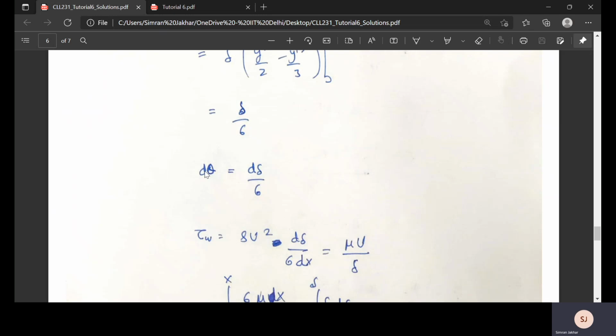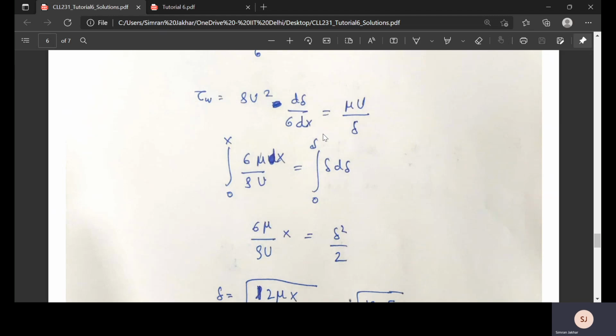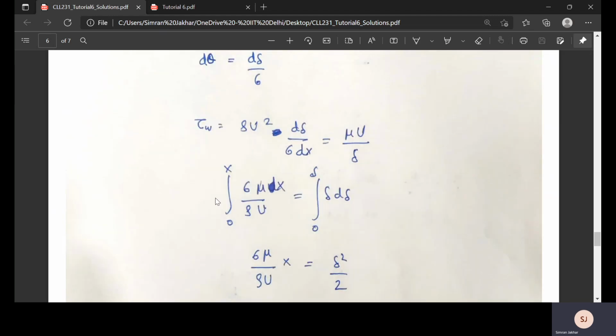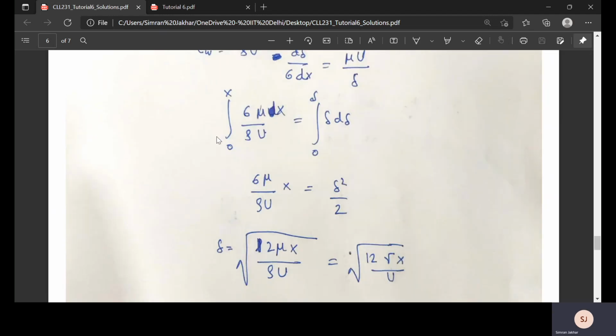After differentiating both sides, d theta will be equal to d delta by 6. Substituting in the above equation, we can solve for delta in terms of x by integrating both sides, LHS and RHS. And we know that at x equals 0, delta will be 0, so the lower limit will be 0 on both sides.